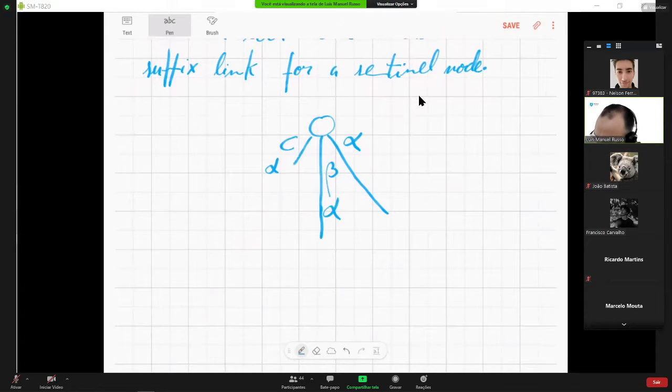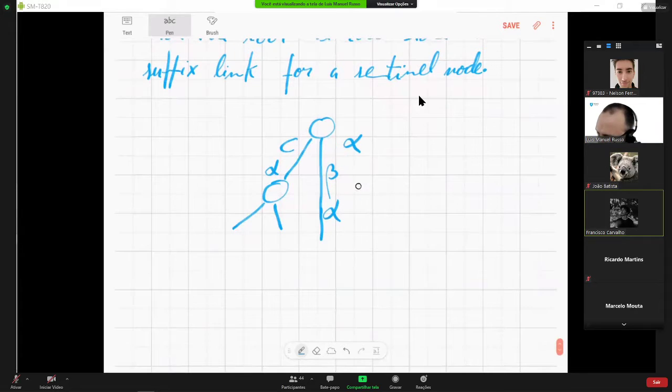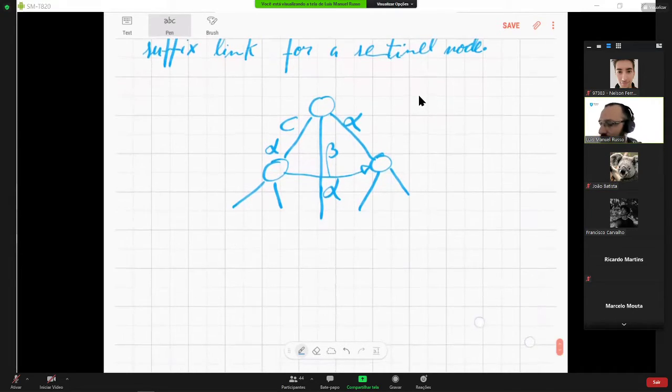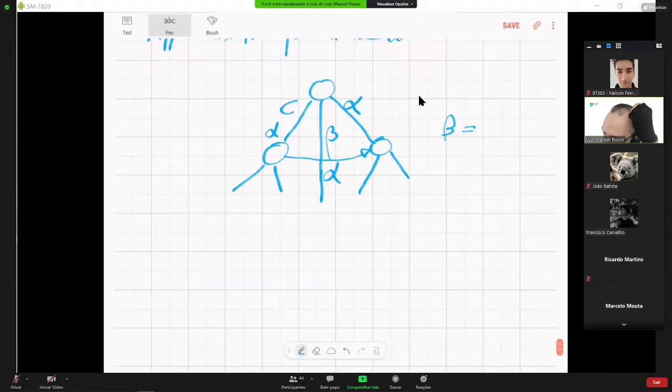Imagine there's a node here. That means there is a node here, and basically the suffix link goes from here to there. In the case of beta alpha, it is potentially different. If beta is different from alpha, that's okay.